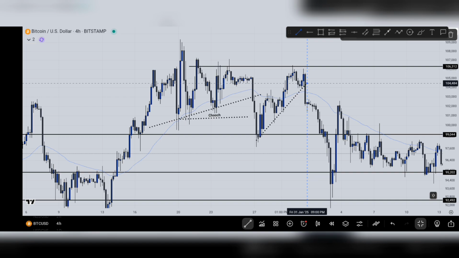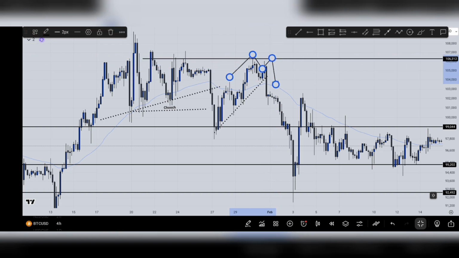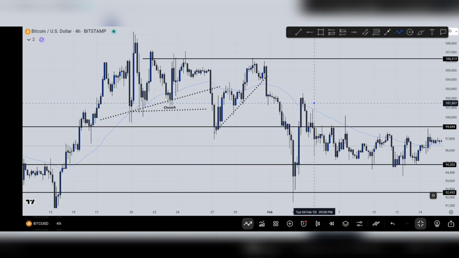As you can see, this is the pattern, and also this is a double top formation here. That's a double top formation.